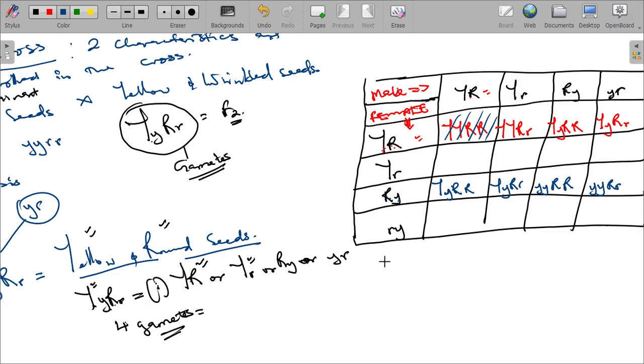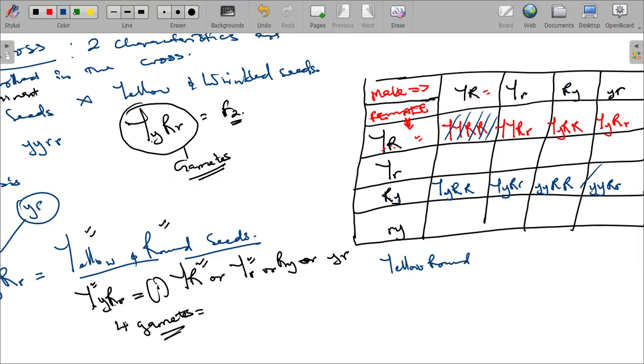So that means yellow and round seeds. This one again is yellow and round. This one is yellow and round. This one is also yellow and round. I can come to this one, which is green and round.